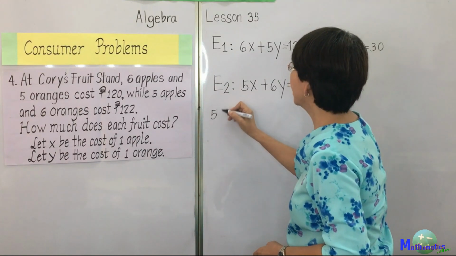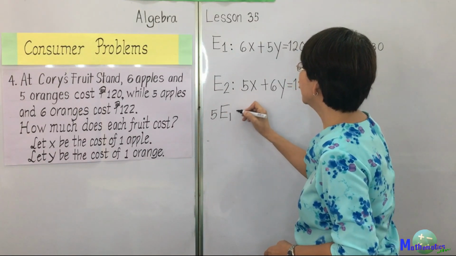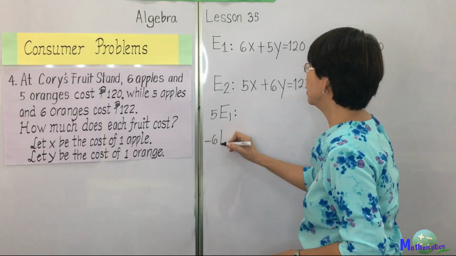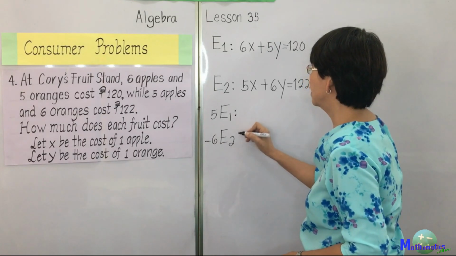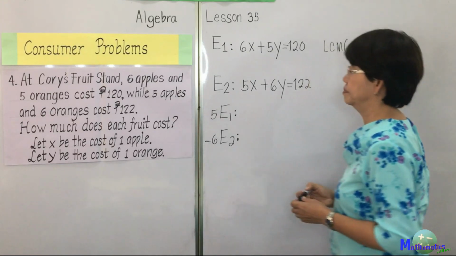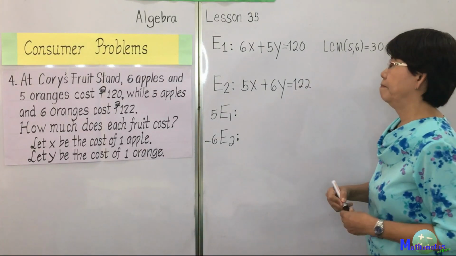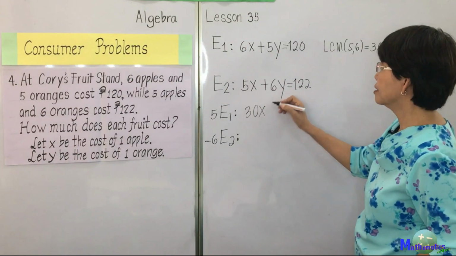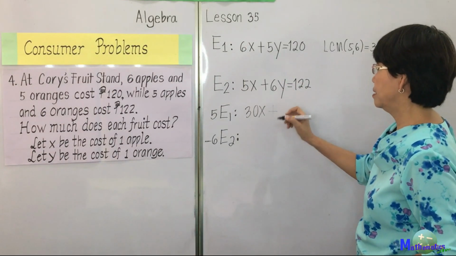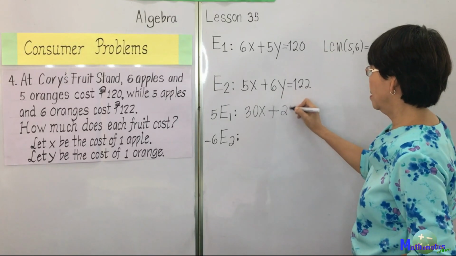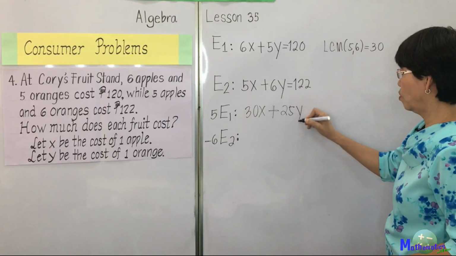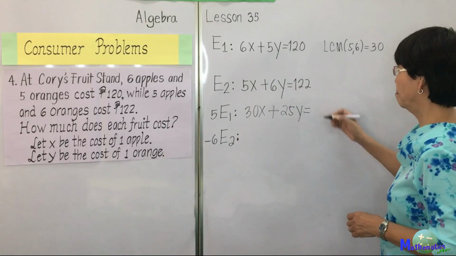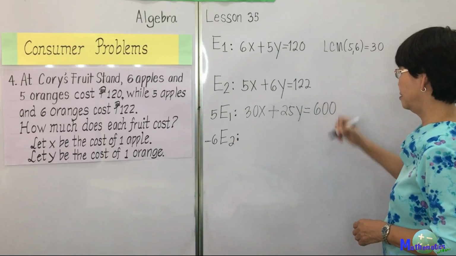So 5 times equation 1 and negative 6 times equation 2. So 5 times 6, 30x plus 25y is equal to 5 times 120, which is 600.